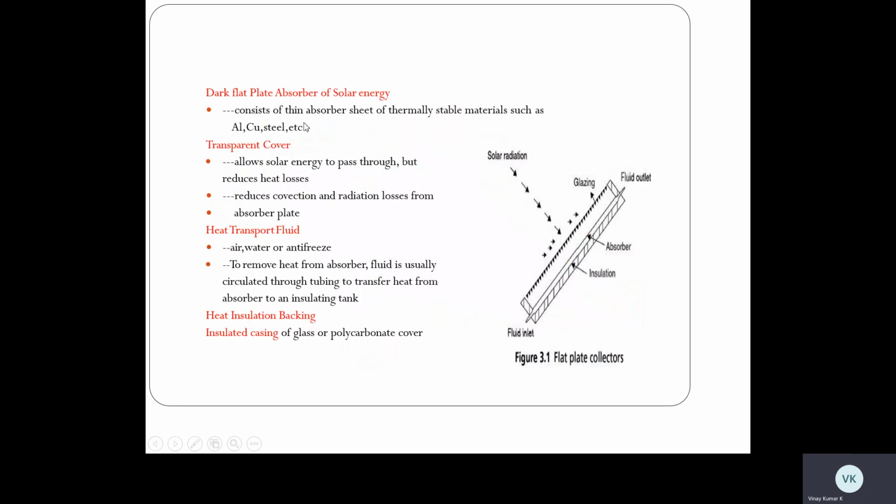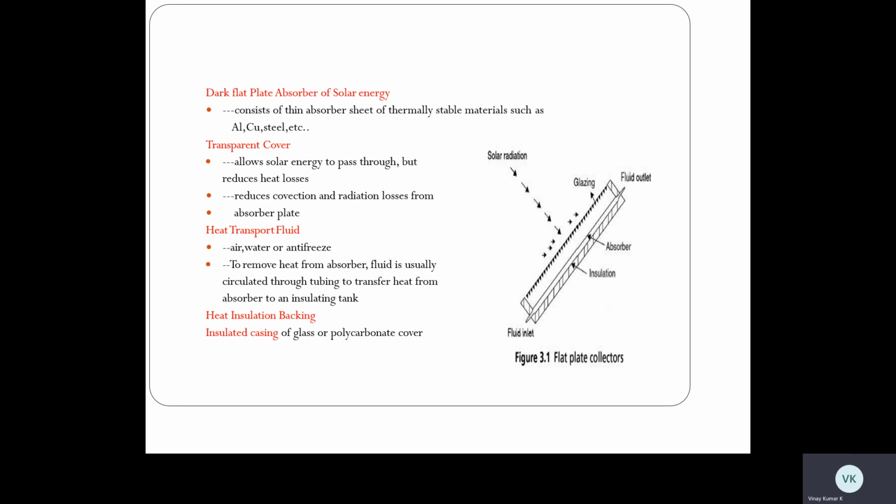This flat plate absorber for solar energy consists of a thin absorber sheet of thermally stable materials such as aluminum, copper, steel, etc. So normally this dark flat plate absorber is mainly for the purpose of absorbing the solar energy, so it has the characteristics of thermally stable materials.